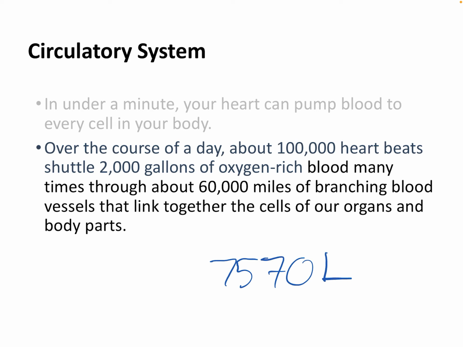So think about a 950 milliliter bottle of Gatorade, and our heart is moving over 7,500 of those. And we're sending that blood through 60,000 miles of branching blood vessels that link our cells, our organs, and our body parts. So pretty amazing stuff.